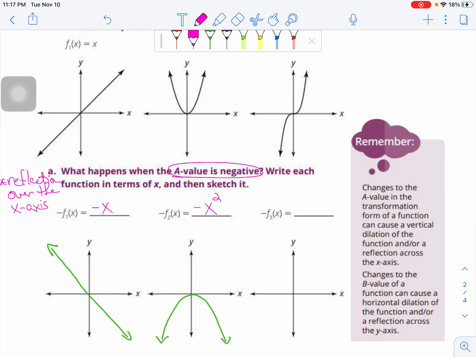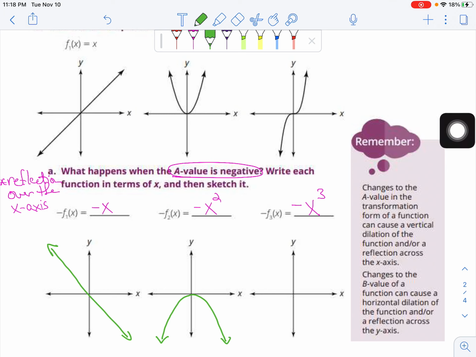And our last function here is our cubic function. So this would be negative x cubed, okay? And so again, we're going to take this lower left section, reflect it up to the upper left. The upper right here is going to reflect to the lower right.